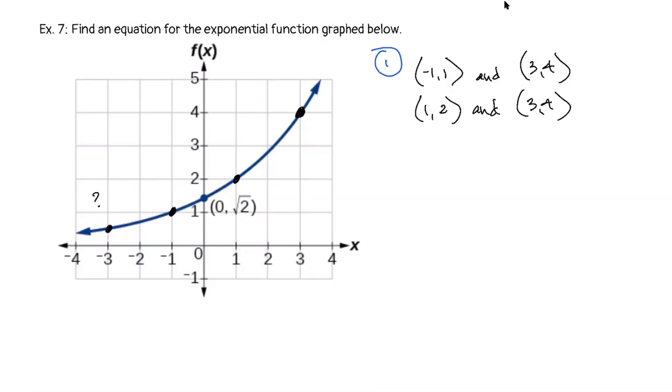How come no one wants to use 0, comma root 2? Ah, okay, one person does. All right, so here's the deal. I know there's a square root here, and sometimes we look at square roots and we're like, I don't want to use it. But in this case, root 2 is actually our a value.